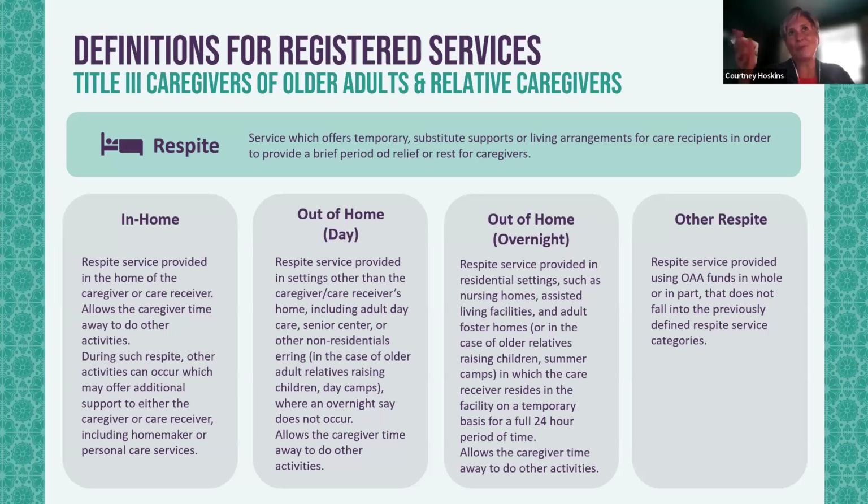So if someone's getting respite, you may want to really check and see if that caregiver needs help, okay? Because this Title III dollars could be used to support that caregiver, used to support that respite program. And as you can see here, respite has been delineated out and kind of chunked out more so that everybody has a better understanding of what type of respite services are being provided.